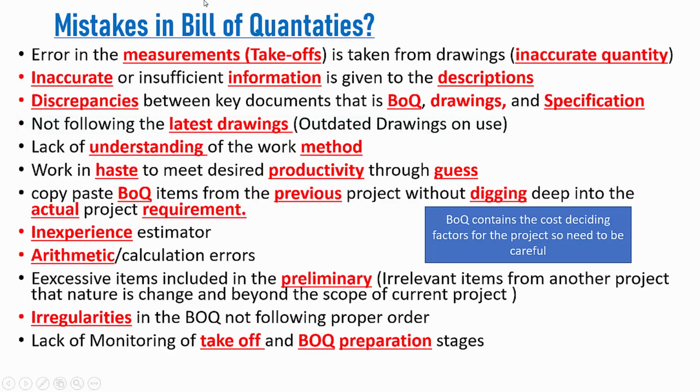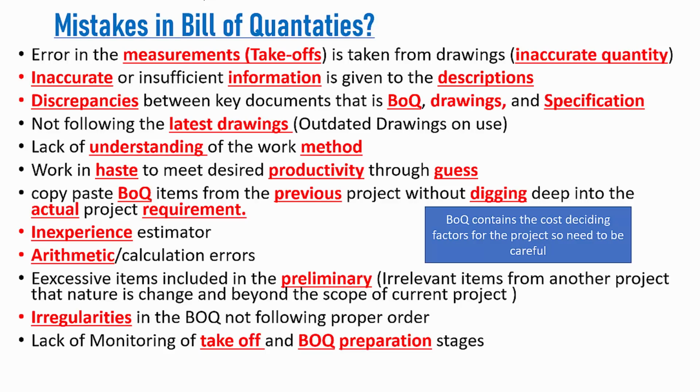If you are not following the latest drawing, it means your estimation, your work is useless. You don't need to do any work on outdated drawings. It is only a waste of time, or you can only practice yourself to make things good for you in the future, but for the project it is not useful.